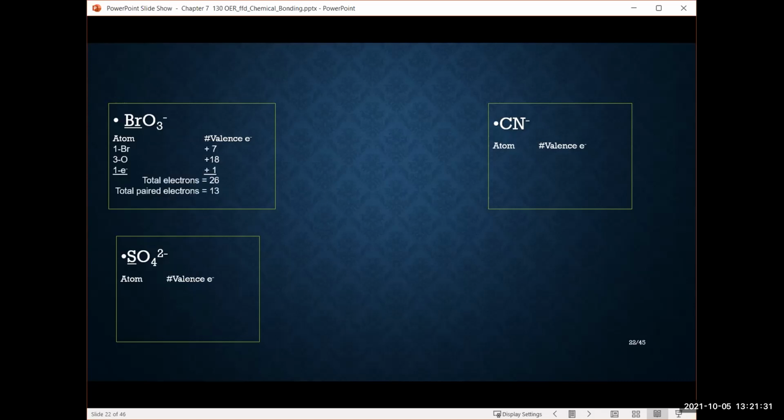So that gives us a total of 26 electrons or 13 pair. And so I can very quickly say, all right, so we got bromine in the center and we got 3 oxygens right there. All right, so that's 3 pairs that we took care of, and we got 10 pairs left over.